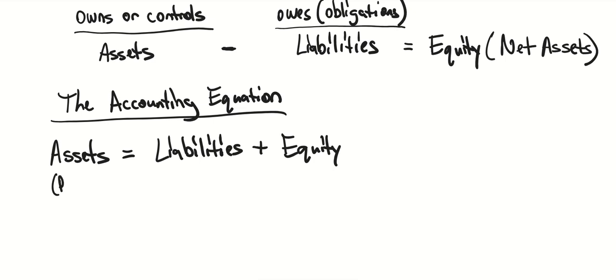So assets are our resources. Now, in order for us to receive resources, we have to use some type of tool in order to retrieve the resources, or in order for us to get what we want and also need.